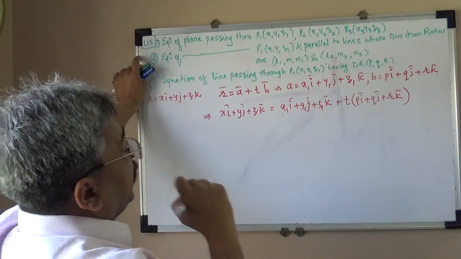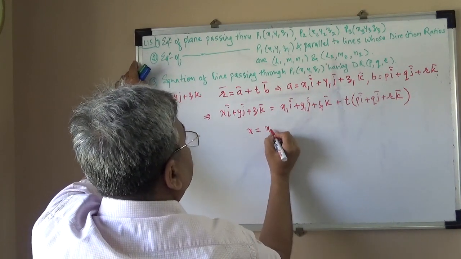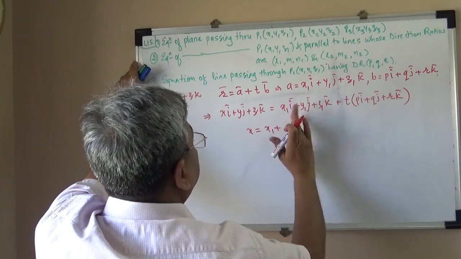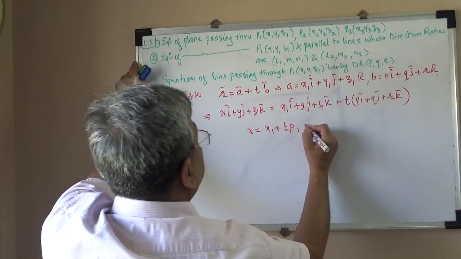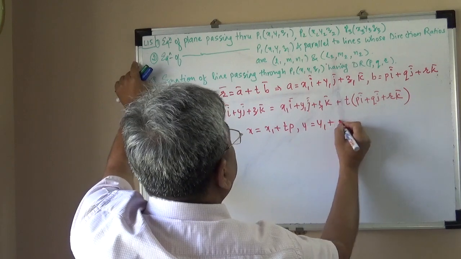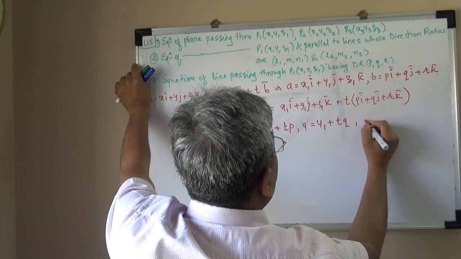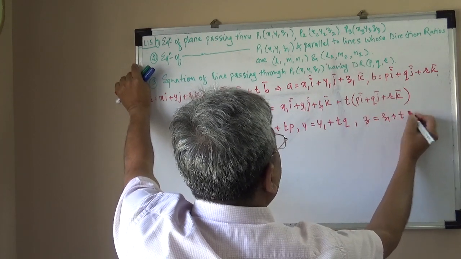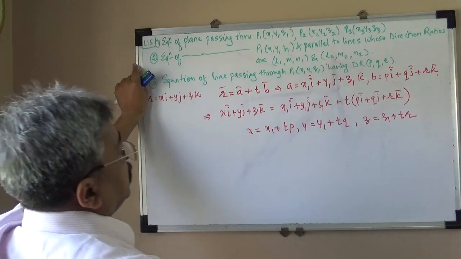Now if we compare the coefficients, we get x equal to x1 plus t times p, y equal to y1 plus t times q, and z equal to z1 plus t times r. Now this is the equation of line.